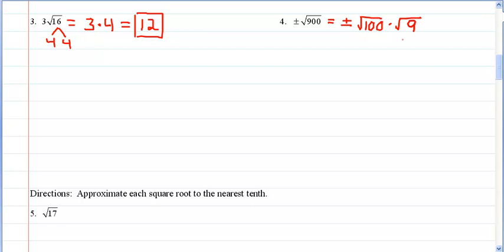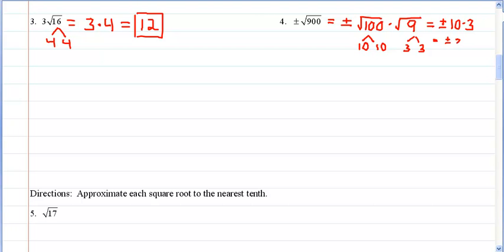So when you split a number up underneath the square root symbol, they both have to be perfect squares, and the square root of 100 is 10 times 10. The square root of 9 is 3 times 3, so that the final answer is plus or minus 10 times 3, which is plus or minus 30.